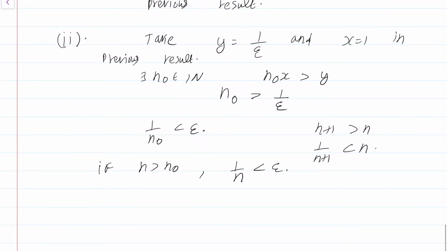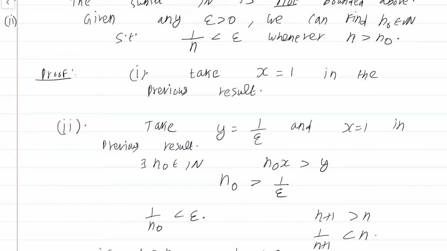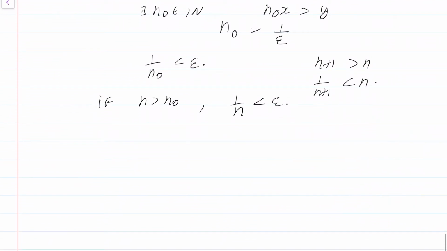So from the Archimedean property, we have concluded that the natural numbers are not bounded above, and the fact that 1 by n can be made as small as we desire. This epsilon plays the role of smallness, and we can make 1 by n as small as we desire. Note one more thing, that only the Archimedean property was used in this corollary.